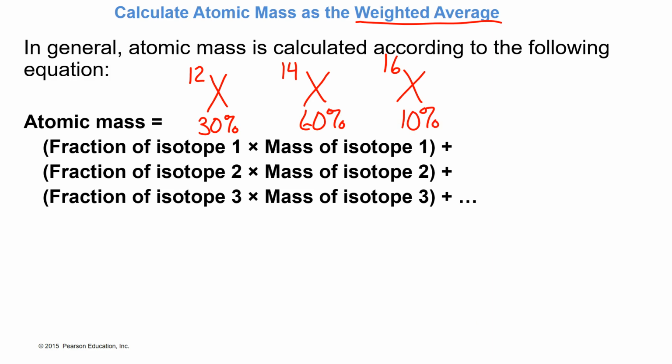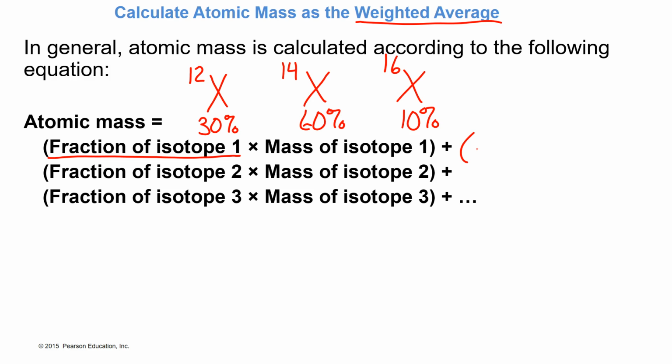So the way that we would use this calculation, my isotope 1, the fraction of this, remember that a percentage is just out of 100, right? They give you that percent, yes, that's going to be given. They're going to give you the percent abundance.